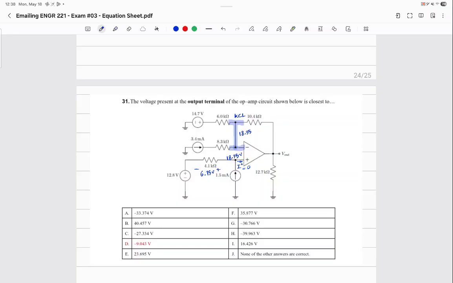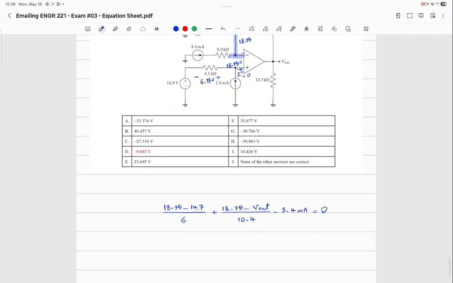So you just completely ignore the 8.3 resistor? I didn't ignore it, but when you write KCL, if I change the value of that resistor, does it change the current that's passing through that branch or not? Why not? There's a current source. Okay. That's it.